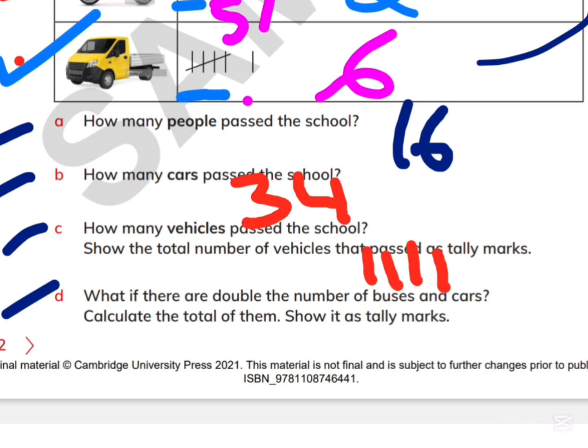If the numbers of buses and cars are doubled, how many will it become? For example, there are 3 cars and, there is no space here, I'm writing this answer on another page.